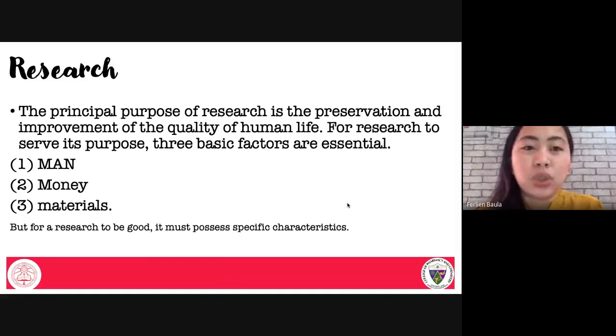For research to serve its purpose, there are three basic factors that are essential. First is man. So in clinical research subject, one outcome that I personally want you to develop is to grow the seed of research culture in each one of you.